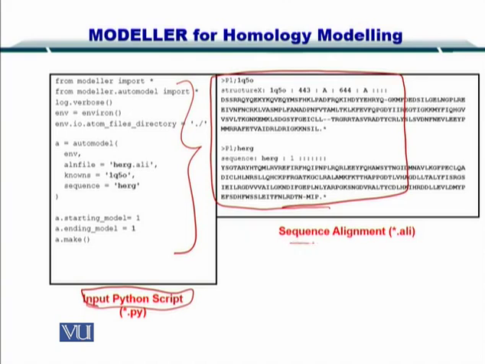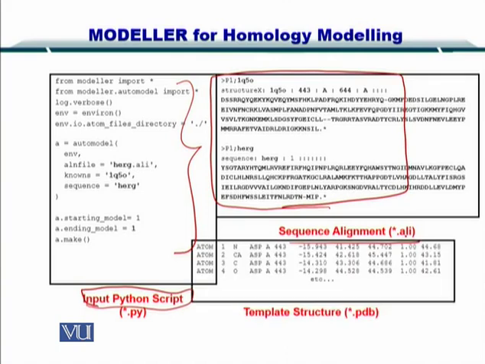So here is the ALI file or the sequence alignment file. Lastly, you have to input the PDB for the template. So here you go, as you can see, atom numbers 1, 2, 3, 4, alpha carbons, their coordinates are given here. So these are the three inputs that you provide to the Modeller software.